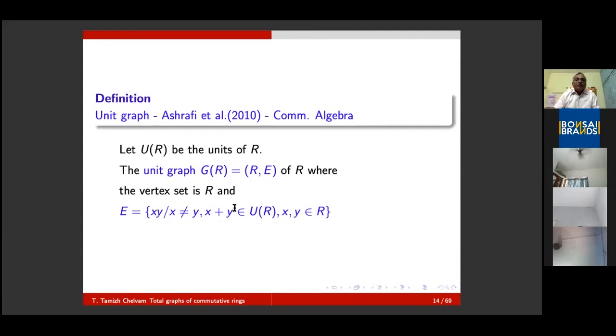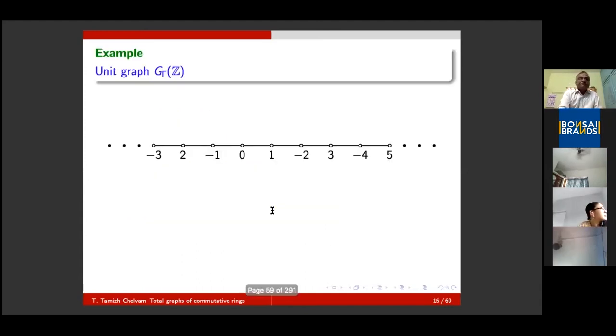Thereby, if an element is a unit, it cannot be a zero divisor, and if an element is a zero divisor, it cannot be a unit. Therefore, they are complementary: if R is a finite commutative ring, the unit graph is nothing but the complement of the total graph in graph theoretical terms.